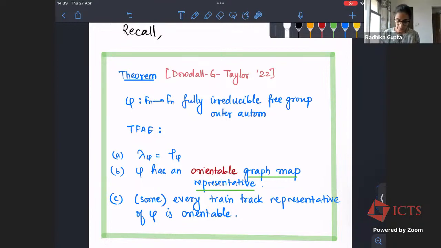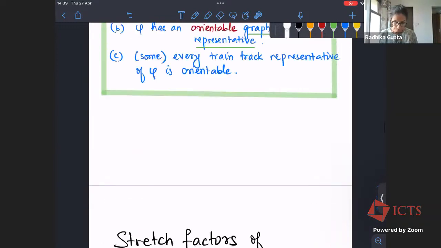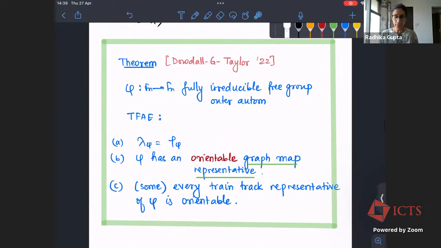And the last bullet point is, if I can find these good graph map representatives, they are orientable if and only if these two numbers are equal. And I think I'll stop here. Thank you.